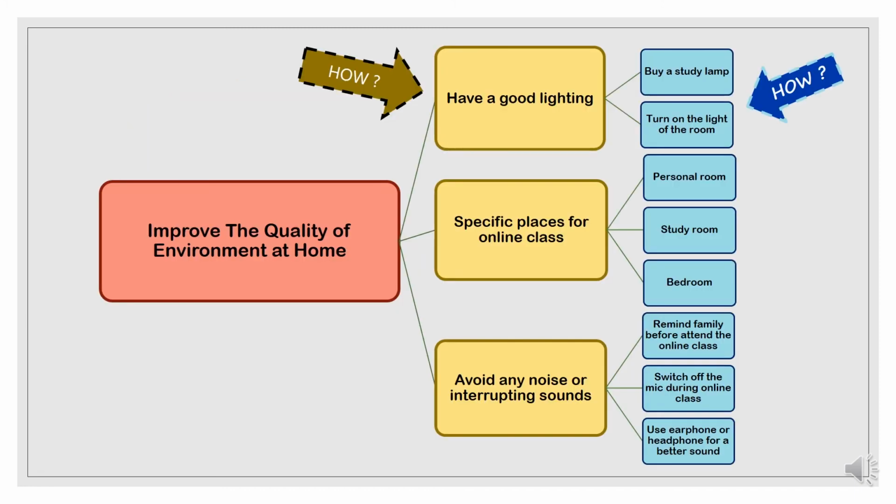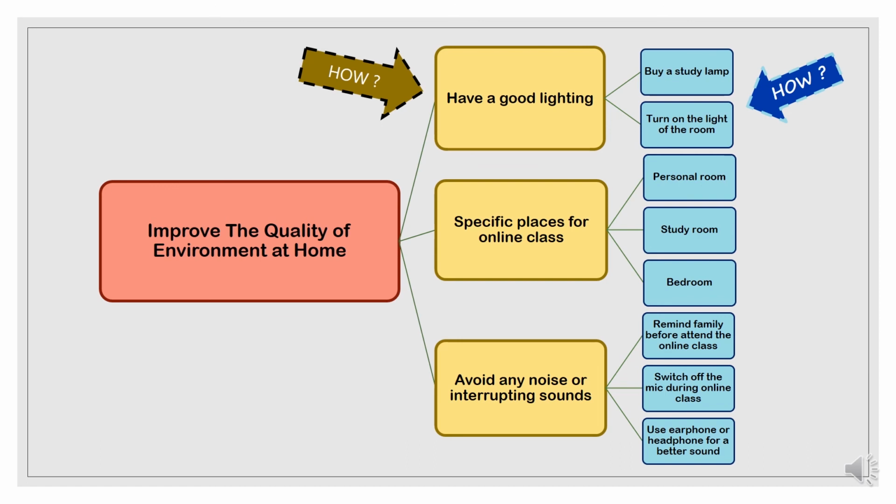This is the example of the how diagram. If you can see here, the red one is the solution. The main solution is just improve the quality of environment at home.